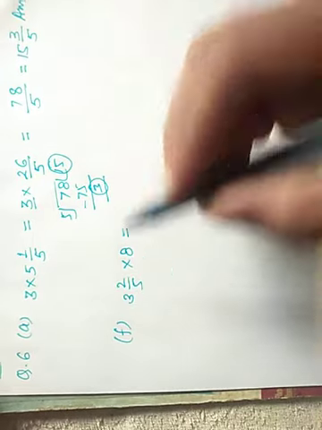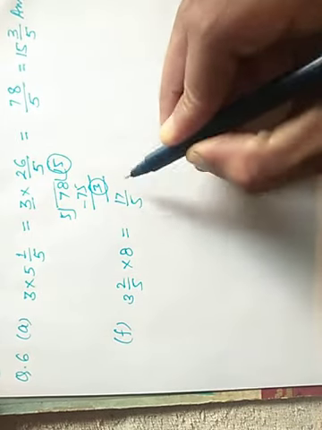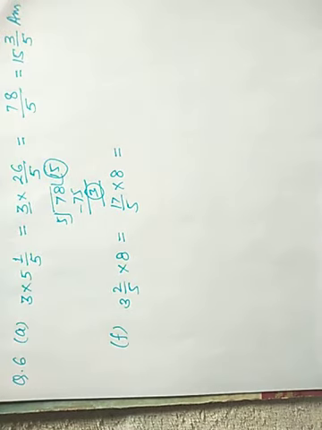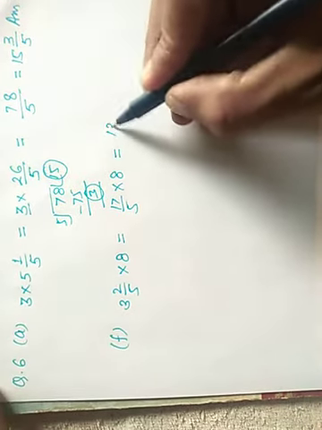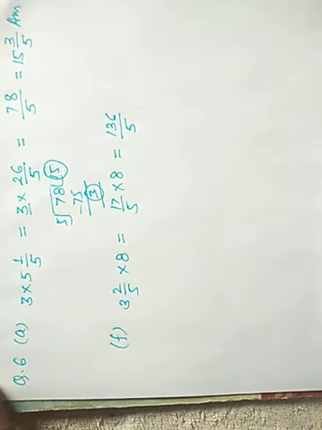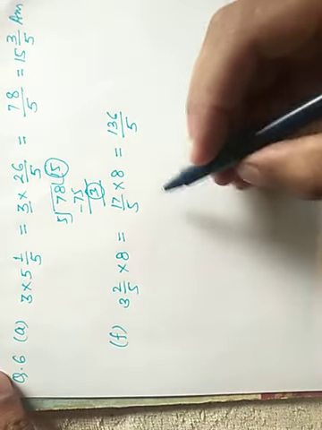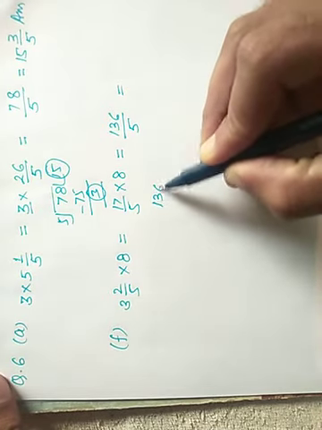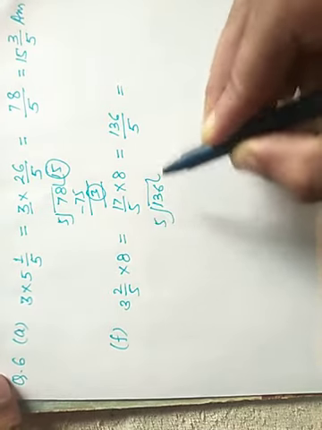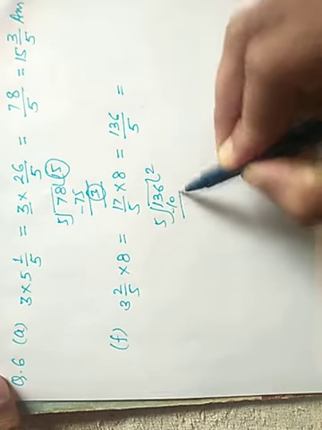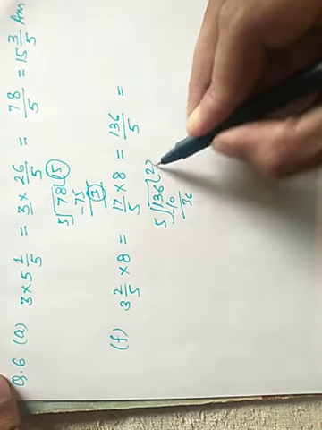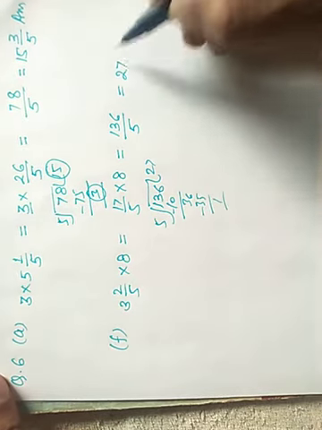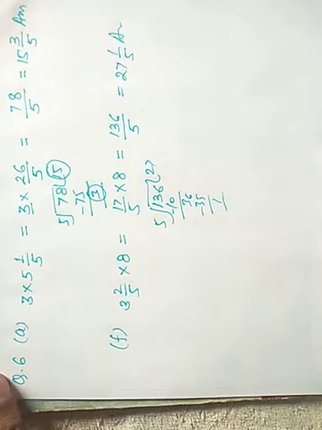So 5 threes are 15 plus 2 is 17 upon 5, multiplied by 8, and it will be equal to 17 eights are 136 upon 5. Now we can convert this into a mixed fraction, as we have to divide 136 by 5. 5 twos are 10, 36, 5 sevens are 35. Okay, so the answer will be 27 1 upon 5.